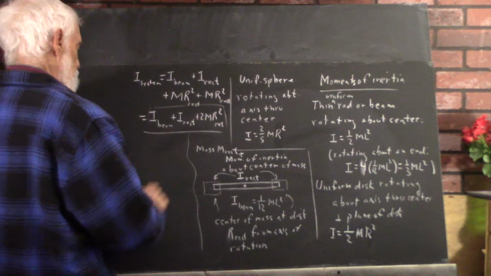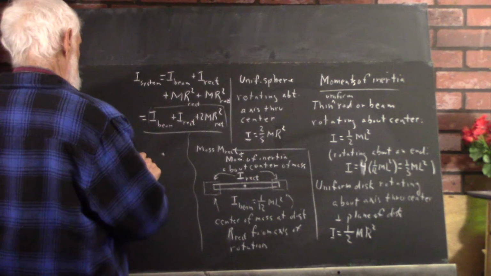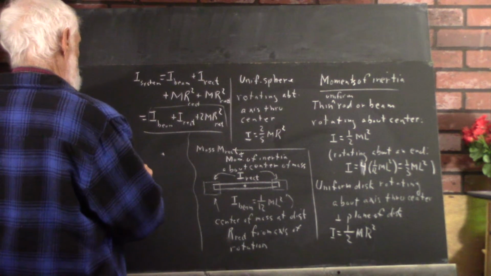Got an axis of rotation and a particle of mass m and some kind of a massless rod.